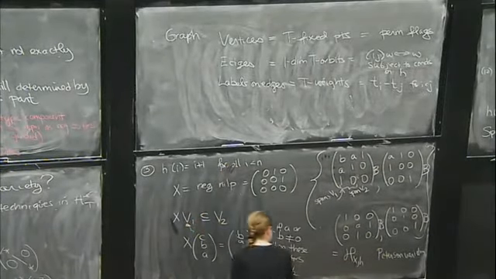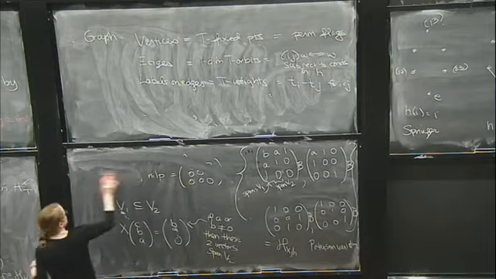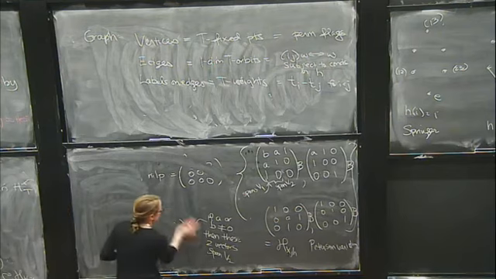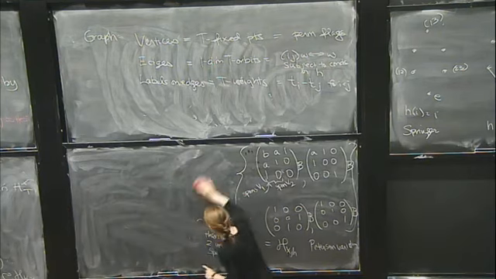I have exactly the right amount of board space to actually say what the permutation action is and what the equivariant cohomology is.